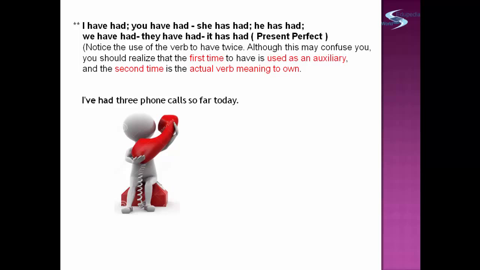I've had 3 phone calls so far today. There is a contraction of the words I and have. It is written consecutively, I've and had, because this is in the present perfect tense. Have is first, had is the second verb to have.